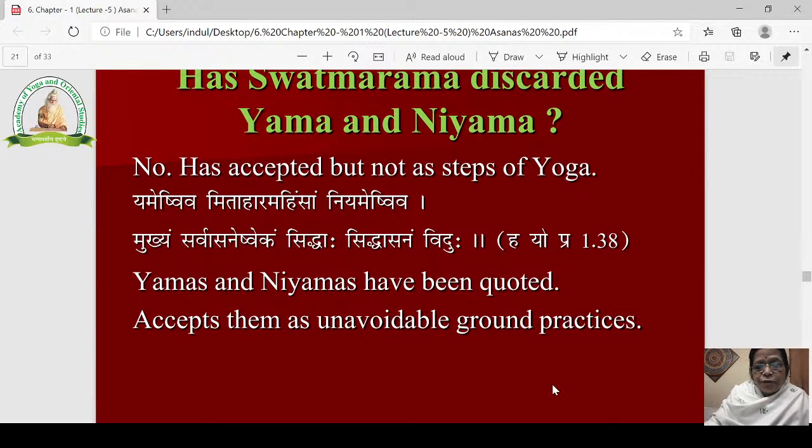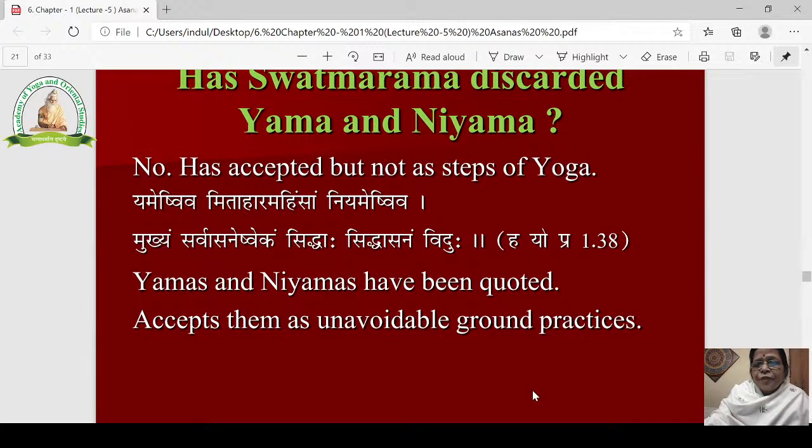In fact, yama and niyama are the ground practices of any spiritual practice. Any spiritual practice without the practice of yama and niyama is not at all possible. In the Upanishad, we find, Navirato duscharitat, a person who has not withdrawn himself from wrongdoing cannot proceed on the path of spirituality. So, in order to proceed on this path, one requires the first ground practices of yama and niyama.